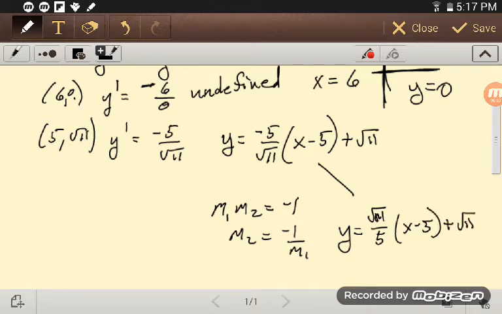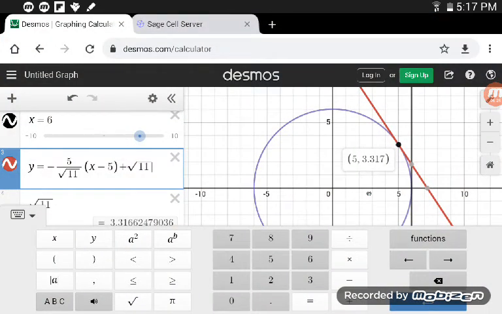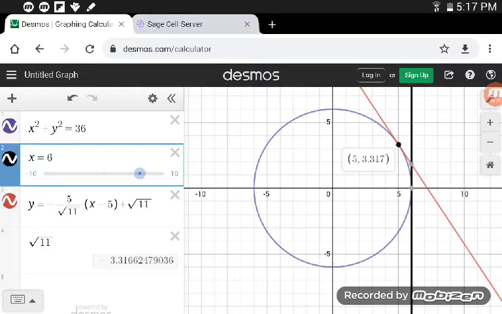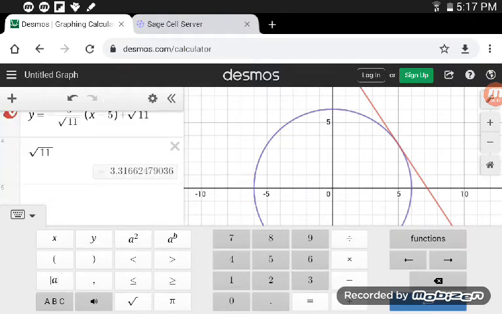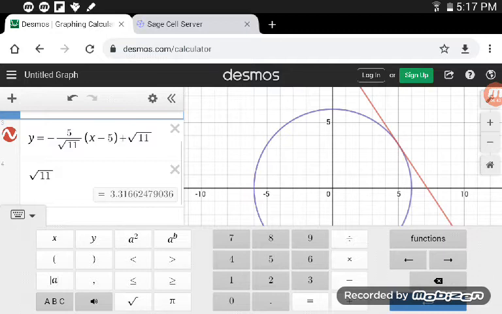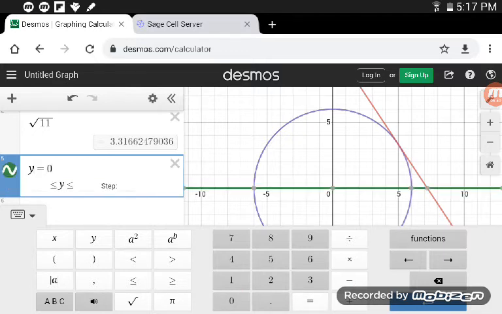Okay, so let's go back here. And I would say, here it's pretty obvious y equals 0. Toss that in there, y equals 0. Did I get that? No, what happened? I don't know. So try it again here. y equals 0. Okay, there it is.